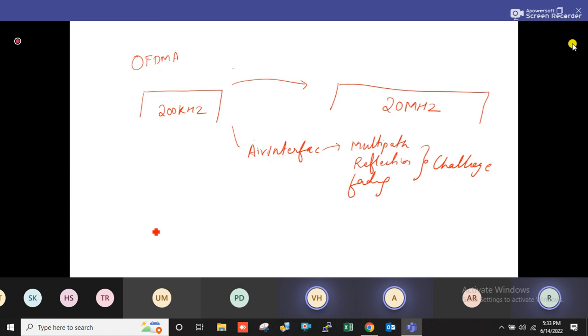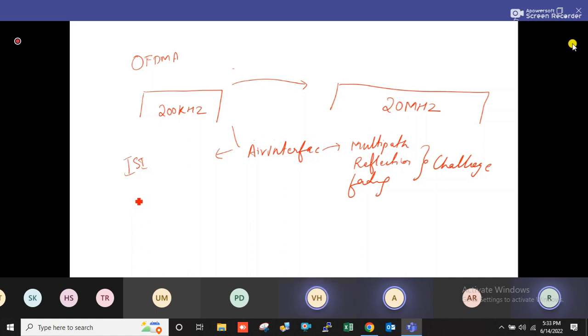This multipath, reflection, refraction, and fading was there in 200 kilohertz also. So in 200 kilohertz, what used to happen is, with this multipath channel or reflection challenge, we have a phenomenon here called inter-symbol interference. Okay. How does it take place?